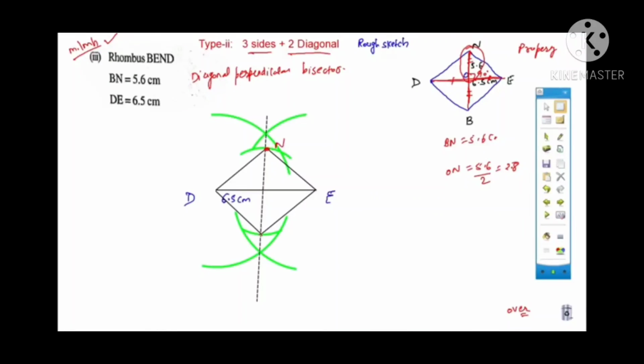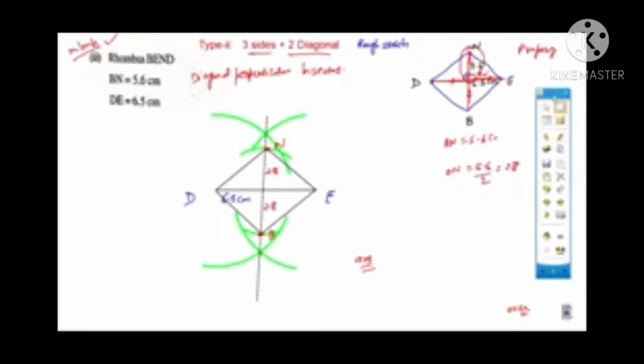Okay, my dears, here you have to remember one thing. Perpendicular bisectors are different from the measurement, so you have to draw the lines or draw the rhombus by using the next arc with your 2.8 measurement. Okay, not at the same point where you have cut the arc in previous. Okay, I hope you understood well.